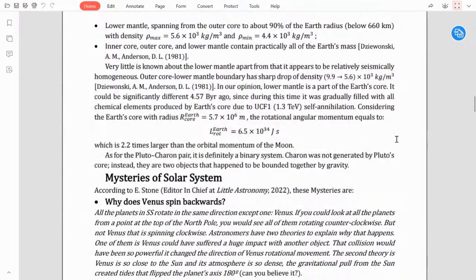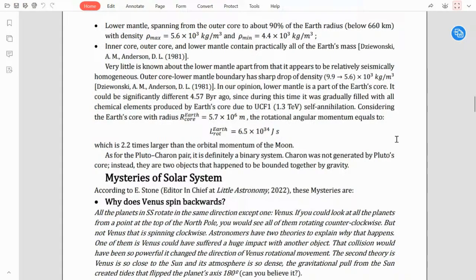The lower mantle spans from the outer core to about 90% of the Earth's radius, below 660 kilometers, with density rho maximum 5.6 and rho minimum 4.4 thousand kilograms per cubic meter. The inner core, outer core, and lower mantle contain practically all of the Earth's mass.